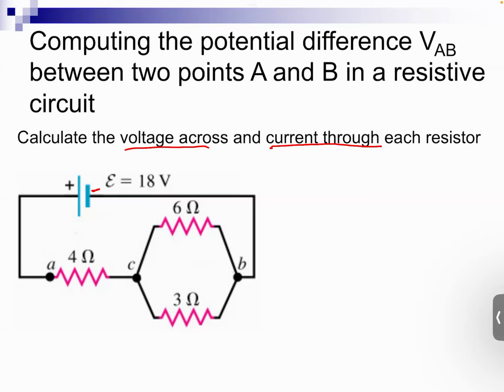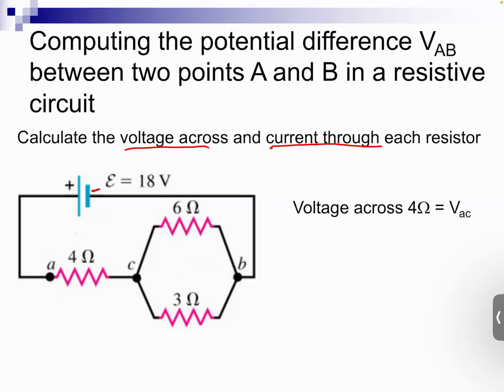Before we go to the calculation, I'll just define some terminology that you might encounter. We want to calculate the voltage across each of the resistors, and often in a circuit you will see points that are indicated. In this circuit, you can see points A, C, and B, as shown by dots here.